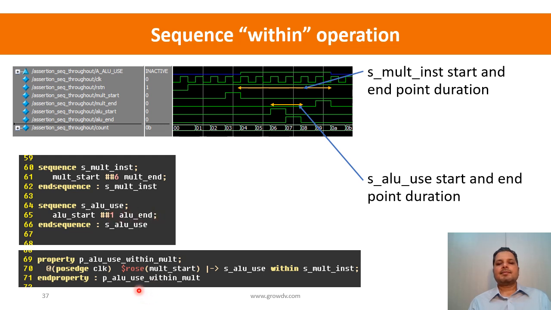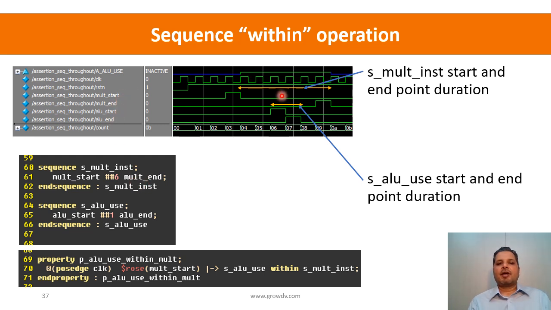What we are doing is creating a property with within, and we are using the mult start as a trigger. Whenever the mult start is triggered, we want to check that the ALU usage is within the mult instruction sequence. So that is what we want to assert.